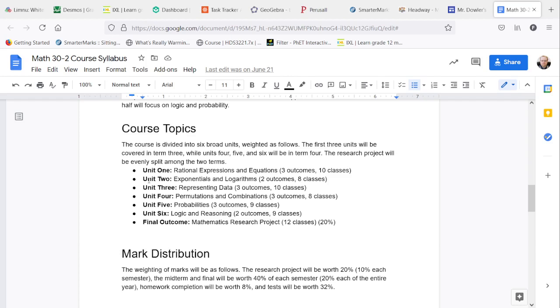So we will be doing 3 units per semester in their entirety. So that's the rational expressions and equations, exponentials and logarithms, and representing data. That's that regression I just mentioned. These 3 units will be done before the midterm. We'll also deal with permutations and combinations, probabilities, and logic and reasoning after the midterm.